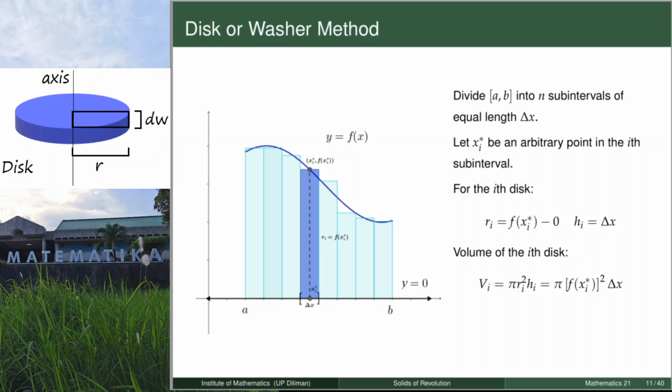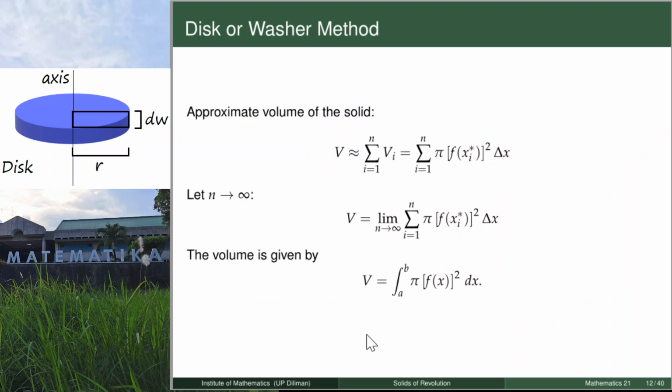That means delta y is now the thickness of the disk. So instead of dx, we will just have dy. And of course, that means the definite integral here will be in dy. So everything will be in terms of y, including the interval here. Okay? So that will be the counterpart when you have horizontal rectangles.